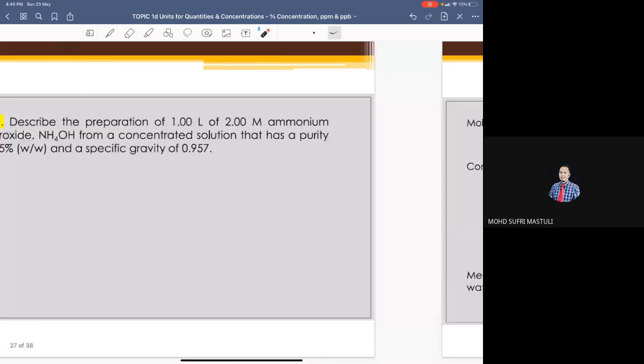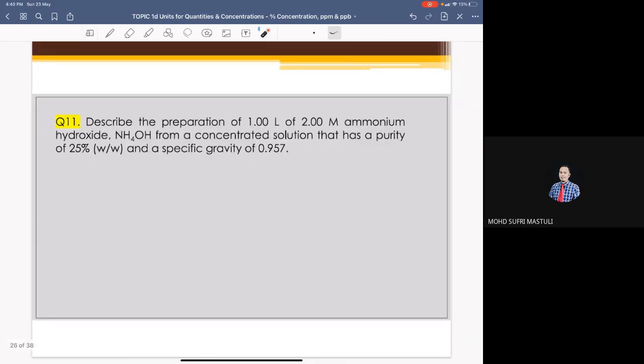So, describe the preparation of 1 liter of 2 molarity of ammonium hydroxide from concentrated solution that has purity 25% weight per weight and specific gravity 0.957. So molarity is mole per liter.